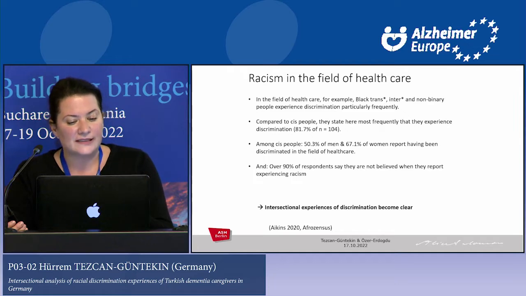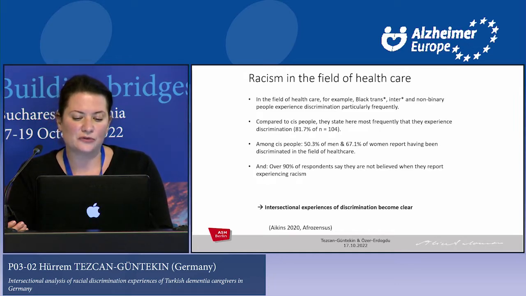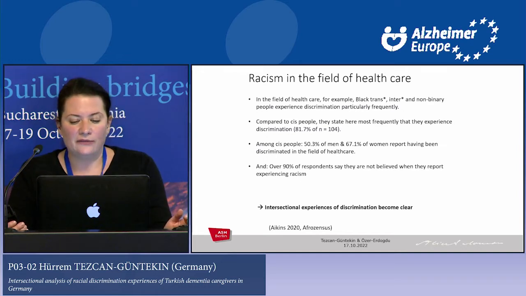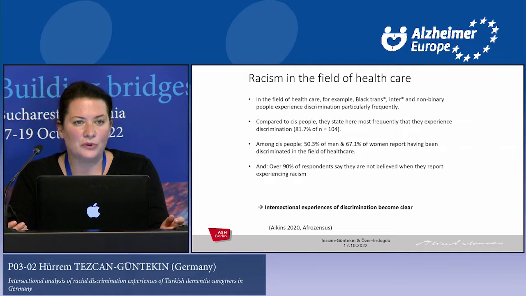And compared to cis people, they state most frequently that they experience discrimination, with 81%. Among cis people, about 50% of men and 67% of women report having been discriminated against in the field of healthcare. There is a huge gap between those groups.